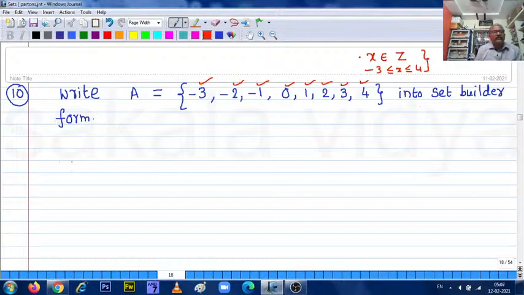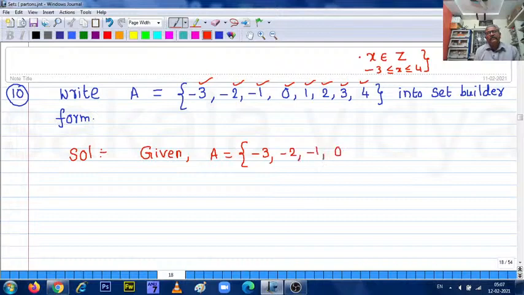So let us write the set builder form. A equals -3, -2, -1, 0, 1, 2, 3, 4.